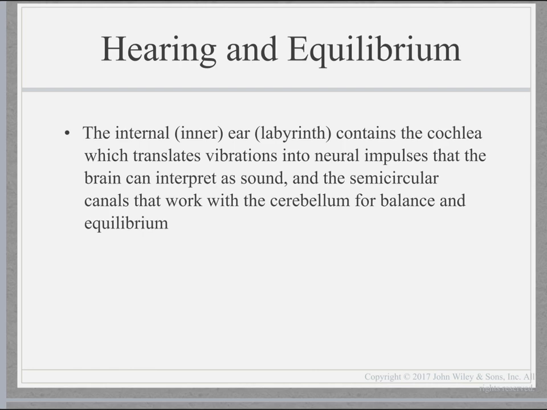And then we have the semicircular canals that work with the cerebellum to decipher and translate and identify for balance and equilibrium. Now, when we talk about balance and equilibrium, we're talking about two different types of forces. The two forces that we're talking about are static and dynamic. So two different types of equilibrium.